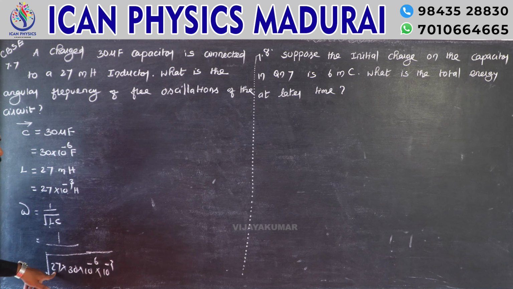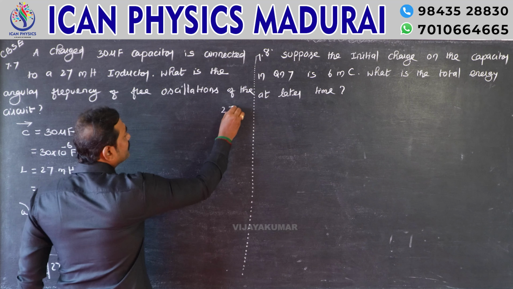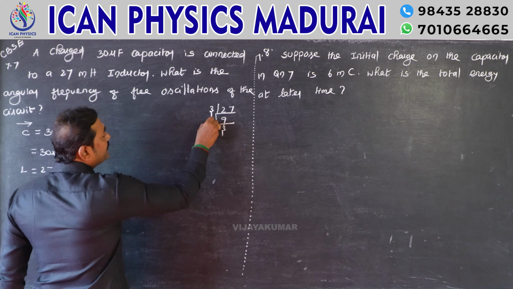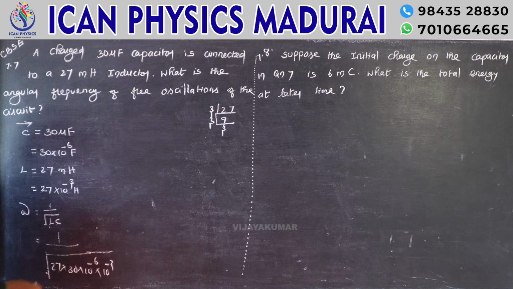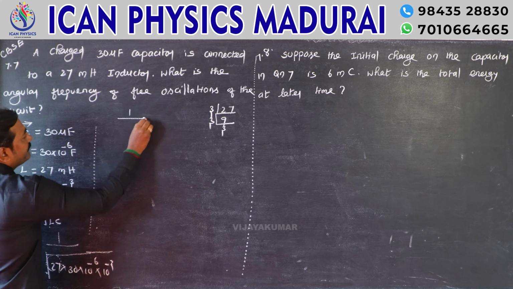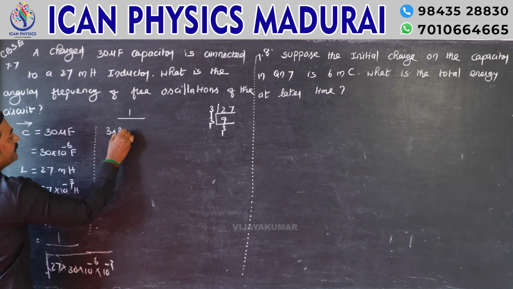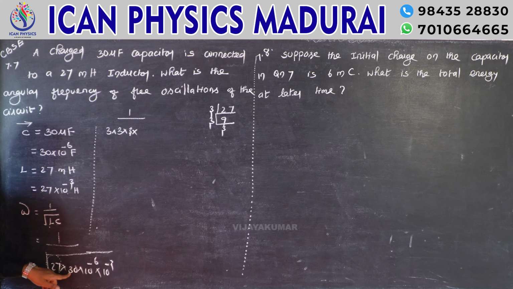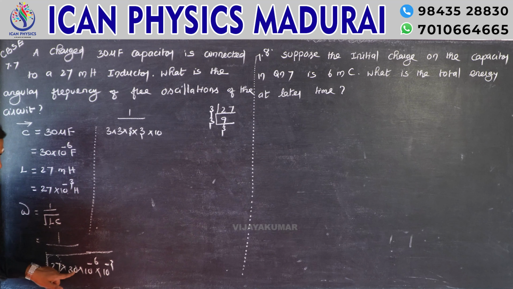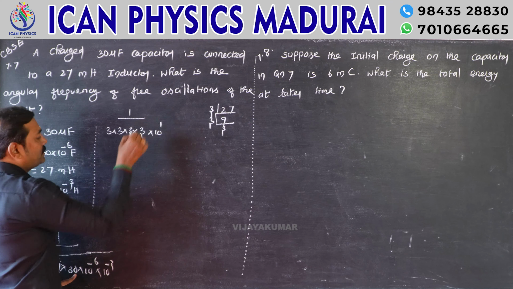So how can we divide 27? 9 3s are 27. So 3 3s are 9. So by breaking 27, we can write 3 into 3 into 3. Here we are having 30. So 3 into 10. So in 10, we can write 1.